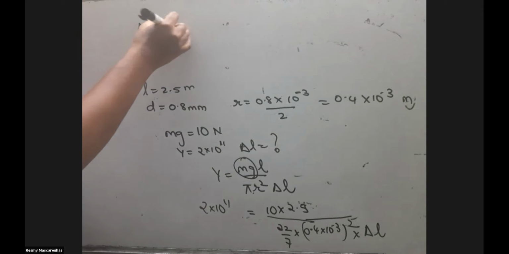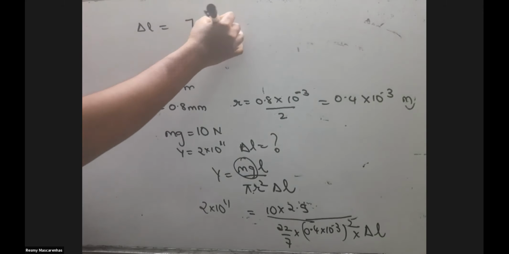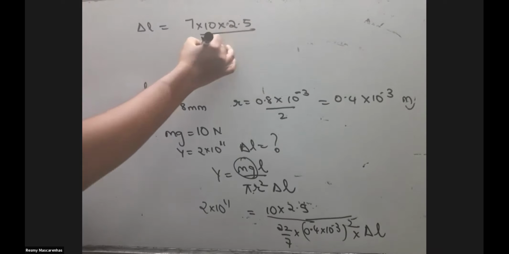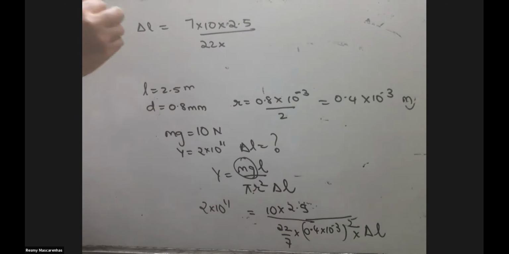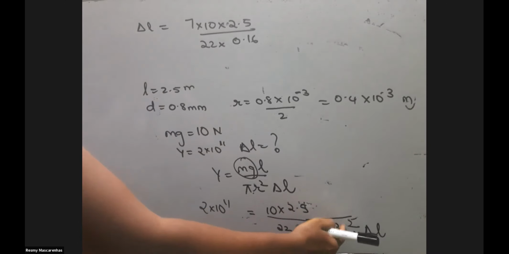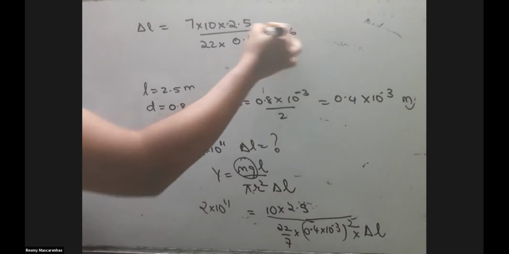Delta L is here. So 7 into 10 into 2.5, 22 into 0.4 the whole square. And this square means double, it will become 10 raised to minus 6.